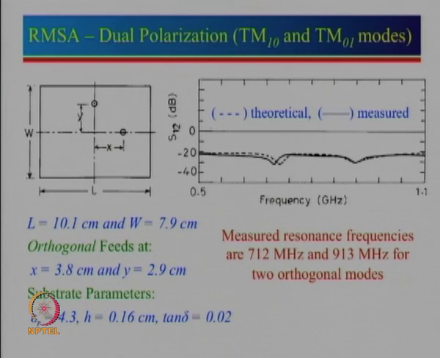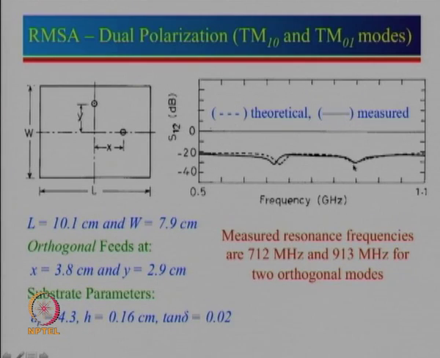And that is why if we look at the isolation between the two, it is very good. What it shows here, if we say this is port 1 and 2, is S12, which is the same as S21. You can see that this is the plot from frequency 0.5 to 1.1. We see the two dips over here, these are theoretical and measured values.